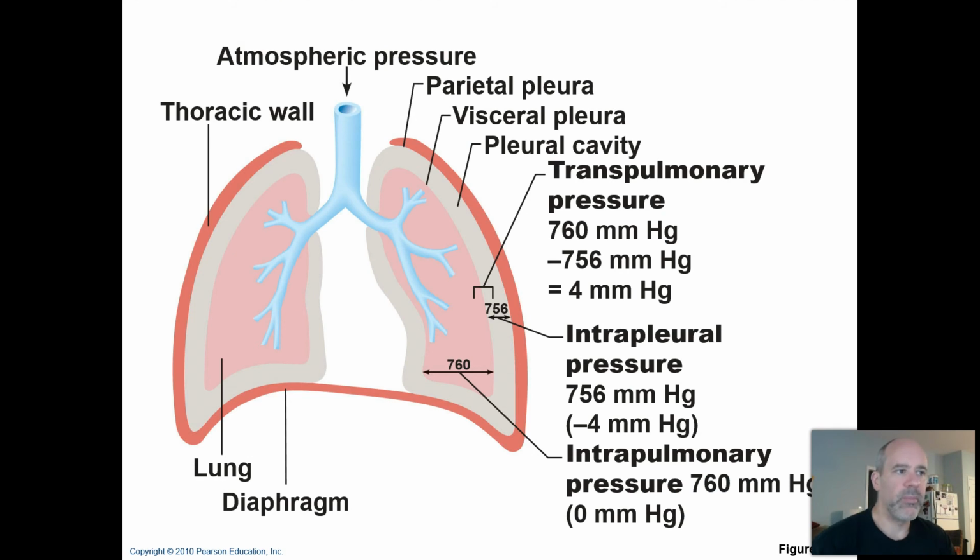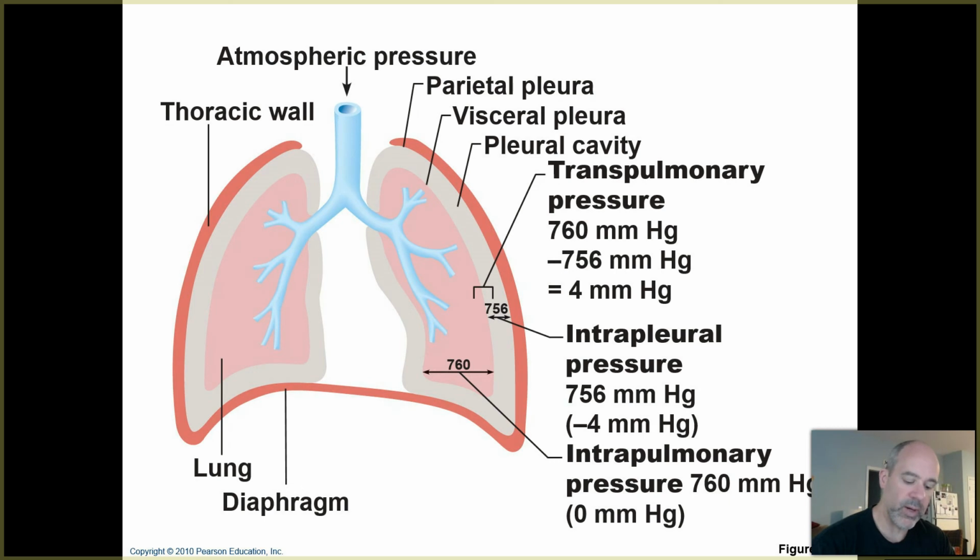So here are some numbers about typical air pressures that you have in the lungs. So air pressure is measured, we've seen this before, in millimeters of mercury, just like we measured blood pressure, except the numbers were quite a bit lower with blood pressure.